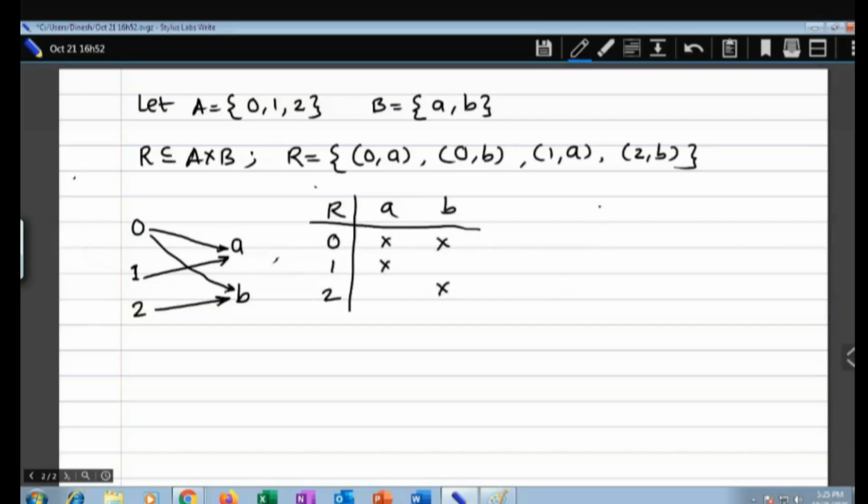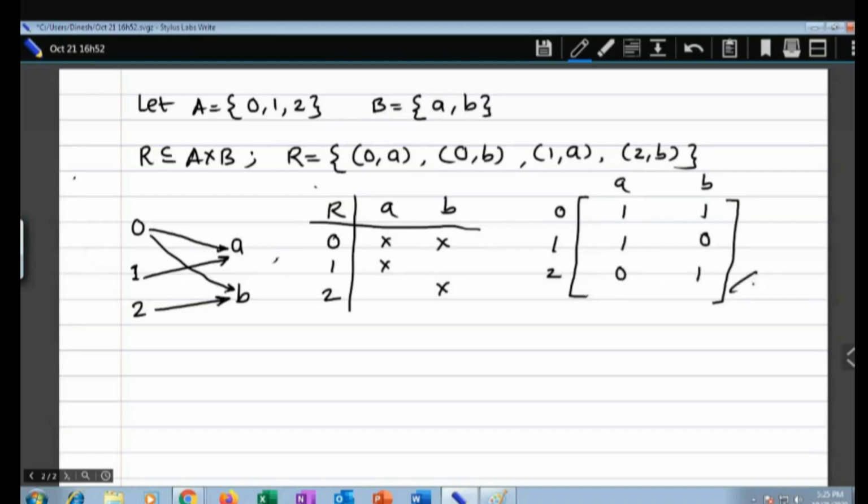Also you can have the adjacency matrix, and the matrix can be of size, sorry, 3 by 2. So you can have 0, 1, 2, and a and b as the row head and column head here. So you just mark 1 for each pair: for 1a you will mark 1 here, and for 2b you will mark 1, and for the others you will mark 0.